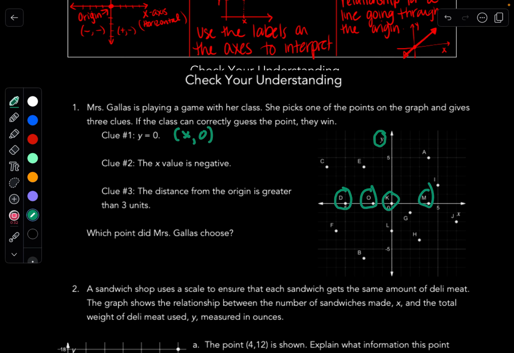So that would be D, comma, O. That's supposed to be a D. That looks like 2 O's. Sorry. D, comma, O, comma, K, comma, M. Okay, those are all points that are on the x-axis.